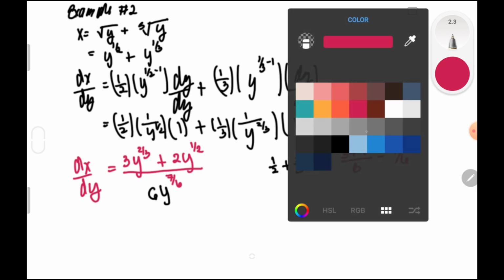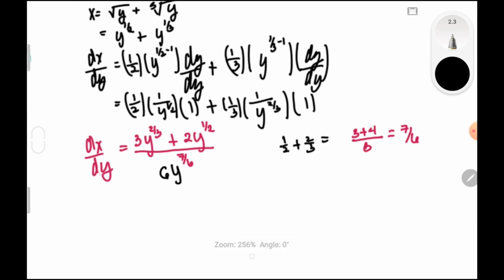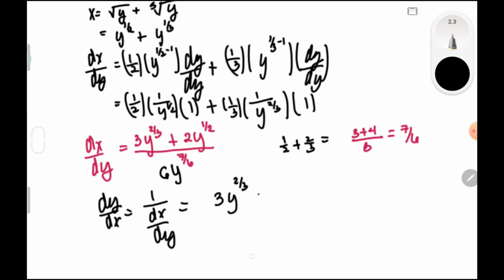Now, when we take dy over dx, therefore dy over dx is equal to 1 over dx over dy, which is equal to 3y raised to 2/3 plus 2y raised to 1/2 divided by 6y raised to 7/6. So it is an inversion, no?